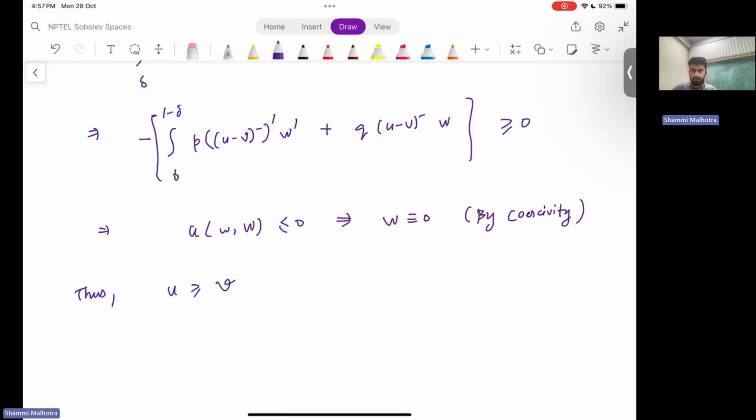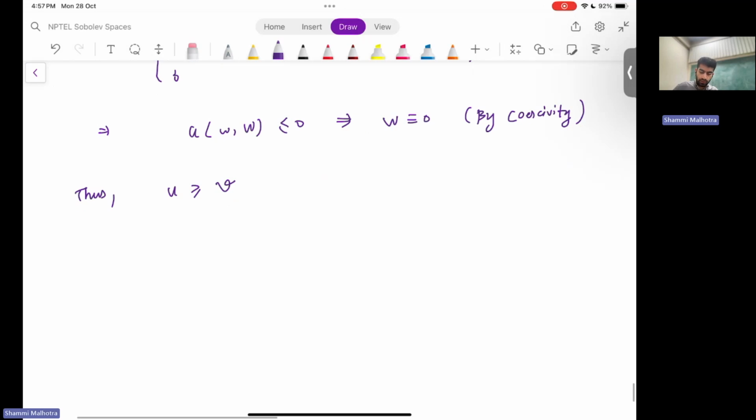Moreover, we can prove in a similar manner that v is also non-negative, as what we proved for zeta, in part number 2. So we have our result.